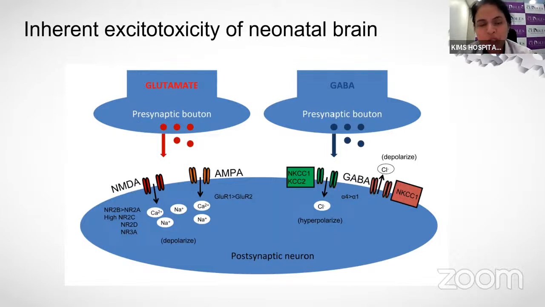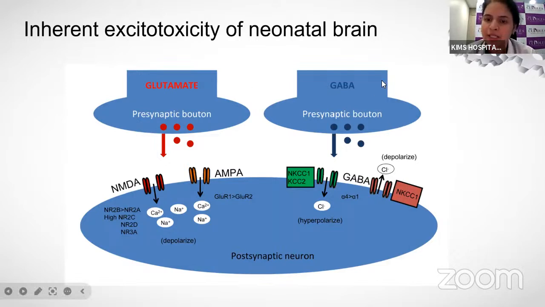Now, in addition to the fact that the excitatory neurons themselves predominate in the neonatal brain, which is one reason for predisposing the neonatal brain to excitotoxicity, the other reason is that the GABAergic neurons, which are otherwise said to be inhibitory, also become excitatory in the neonatal age group.